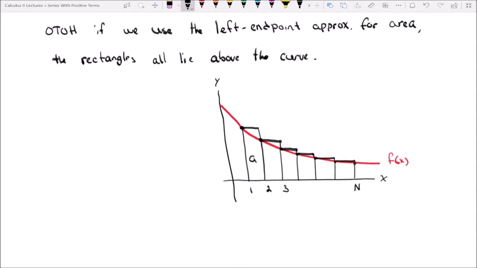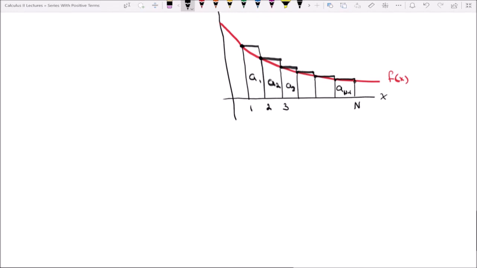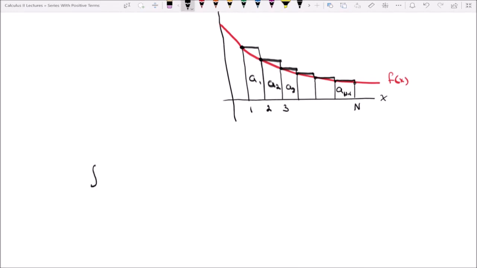This rectangle would represent A1, A2, A3, and so on until we get to A sub n minus 1. Now notice in this case, the integral from 1 to n of f of x dx would be less than or equal to this sum.